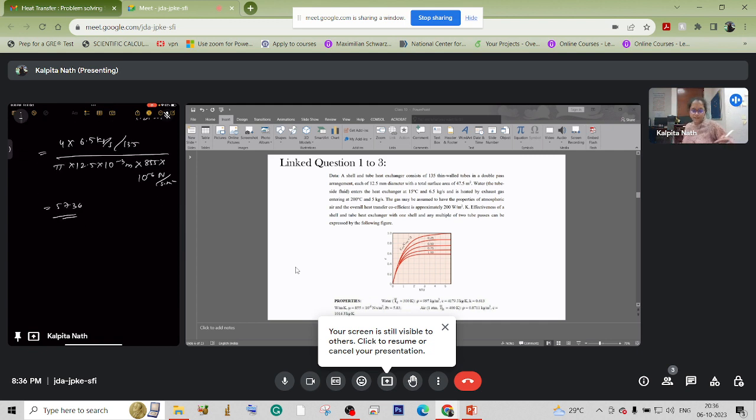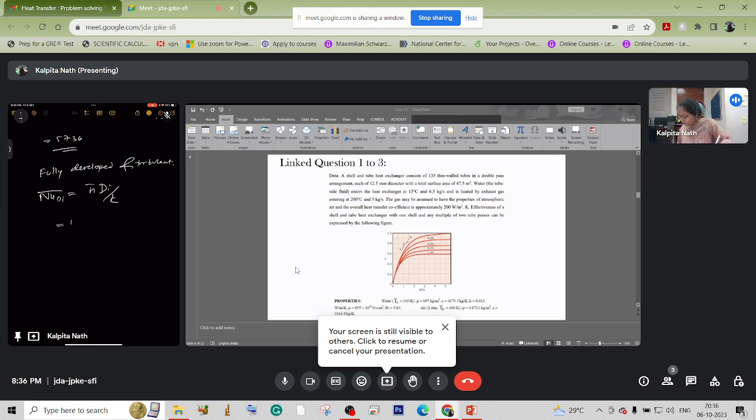Now the flow is fully developed and turbulent, so we can directly apply the Dittus-Boelter equation. Nusselt number NuD is equal to h di upon k, which is 0.023 Reynolds number to the power 4 by 5, Prandtl number to the power 0.4.